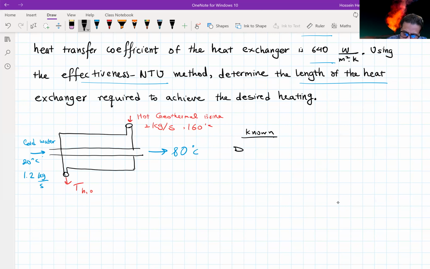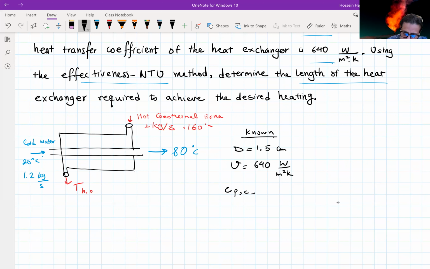that's the diameter. Pipe diameter is 1.5 centimeter. The overall heat transfer coefficient is 640 watt per meter square Kelvin. And okay, I'm using specific heat capacities for respective temperatures.